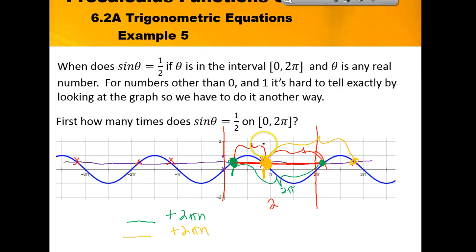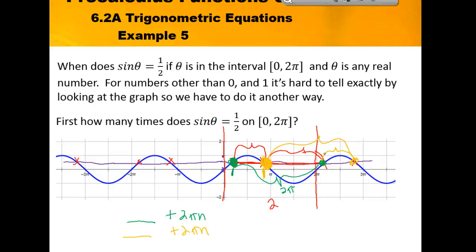The spacing from here to here is certainly equal to the spacing from here to here, but the spacing from here to here is not the same as from here to here, or here to here. So that's an issue for us. That's why we need to have two equations to represent both sets of solutions.